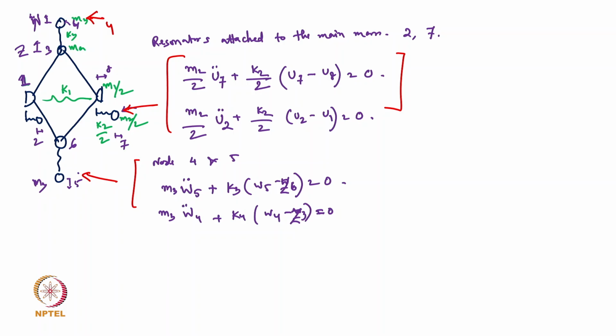Now, what about node 3? We see that the resonator nodes are completed, like resonator 2, 7 and resonator 4 and 5. And obviously, it is needless to say that these resonators are coupled with the main equation, but their degree of freedom should not be present in the transferring one, because in the transferring one the transfer happens only from 1 to 8.